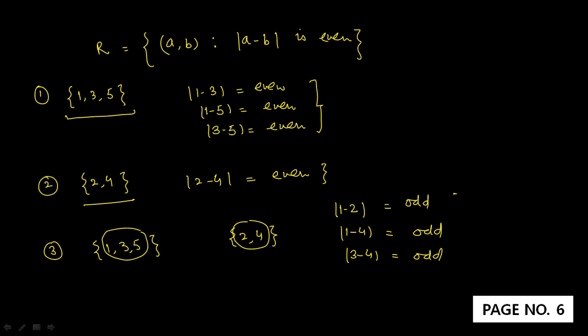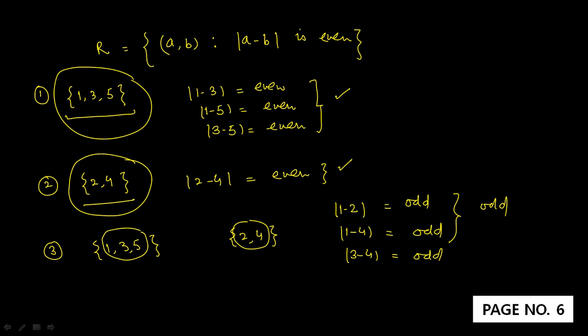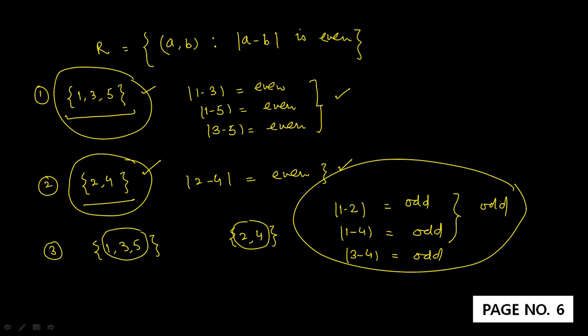It means all the answers are odd. Here all the answers are even, here all the answers are even. But if I am joining these two sets, 1, 3, 5 in relation with 2, 4, the answer is odd. It means it's applicable only within this set or this set. This is the next condition.